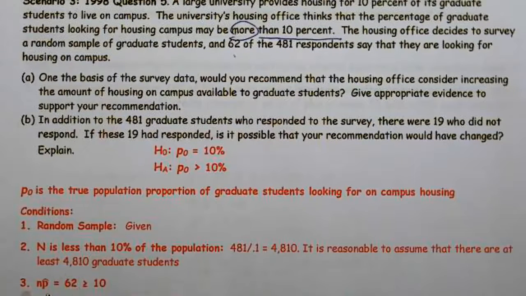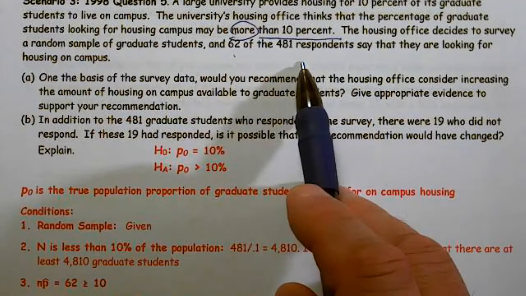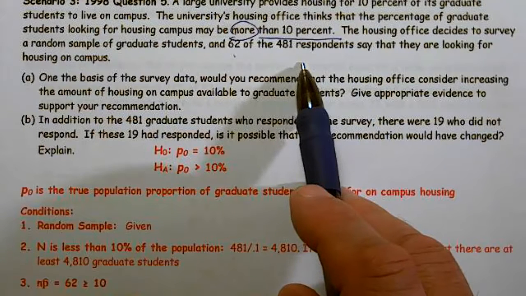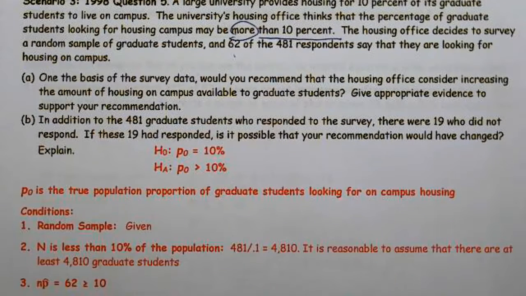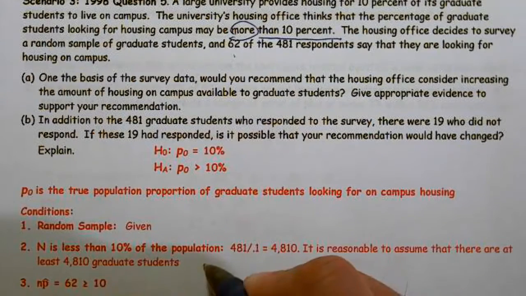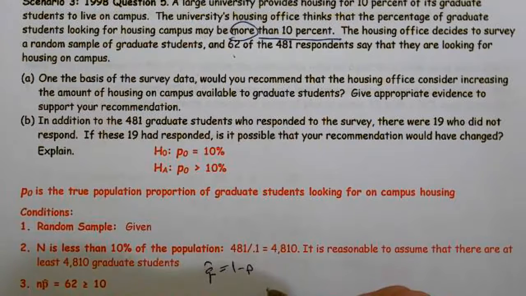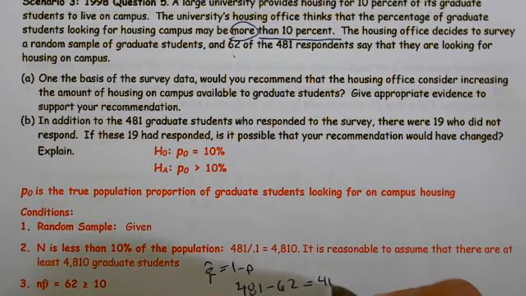And then we have NP, which they said 62 of the 481 respondents say that they're looking for on-campus housing, which means Q hat equals 1 minus P. So in this case, we're going to have 481 minus the 62 equals 419.